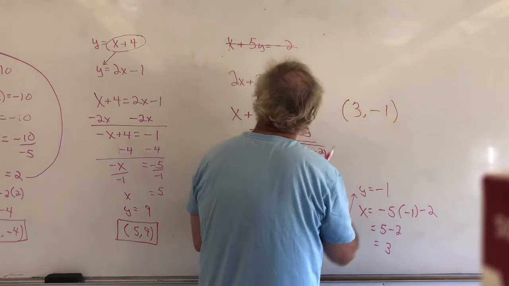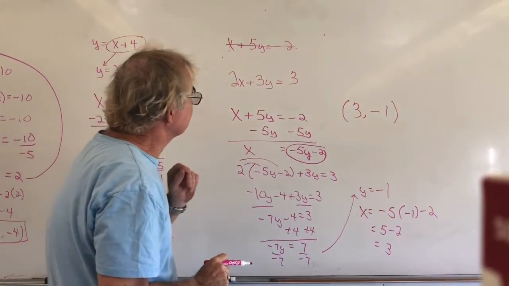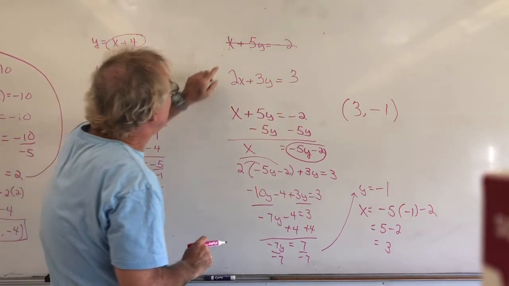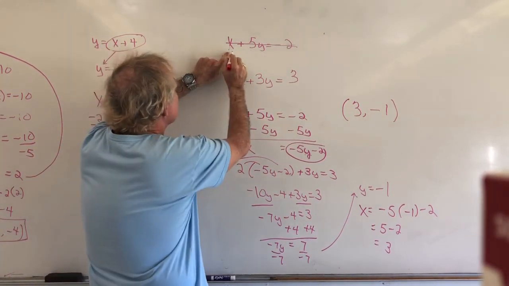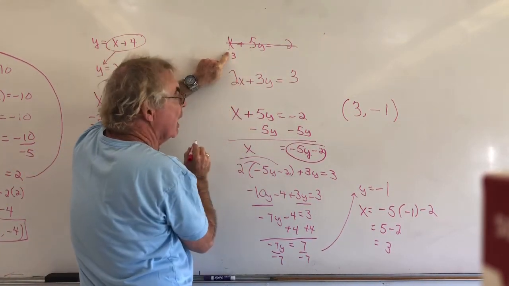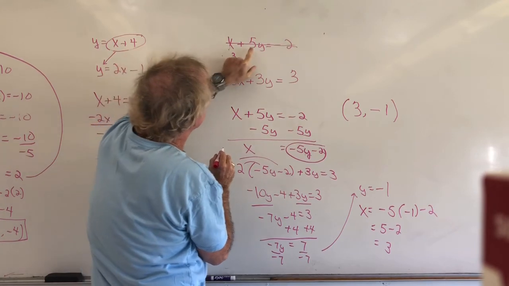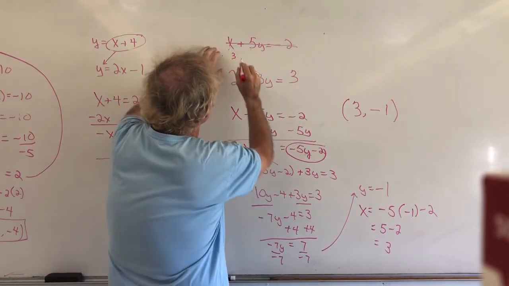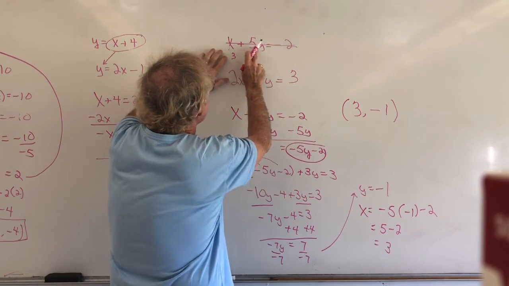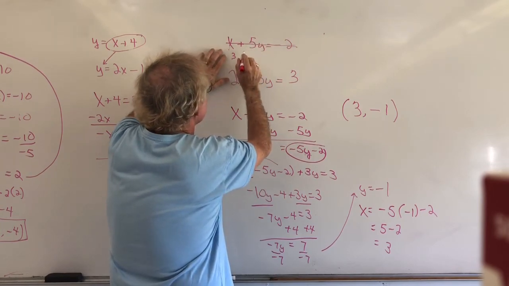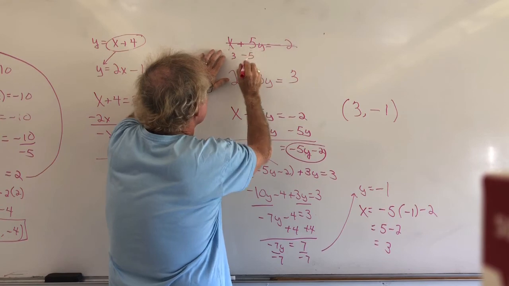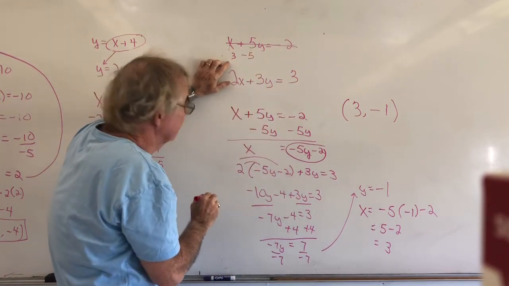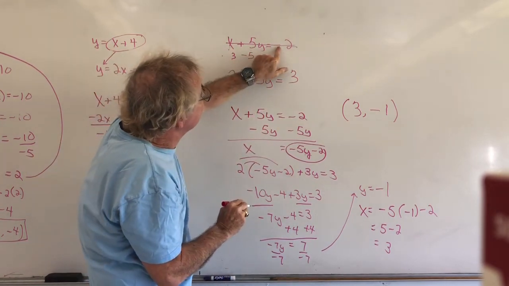x, y. Let's check it. x is 3. y is negative 1. What's 5 times negative 1? You say that's negative 5. Is 3 minus 5 negative 2?